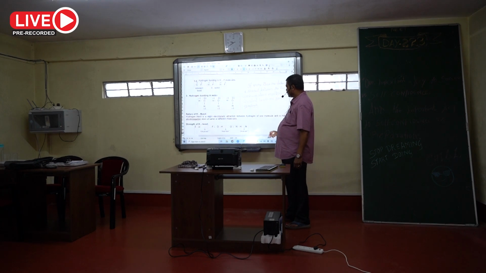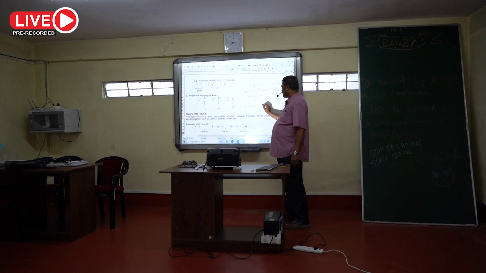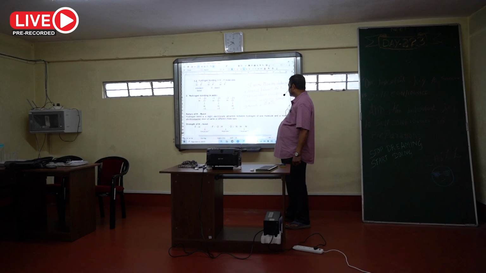So in the O2 molecule, we take each oxygen with the 2s2, 2p4 configuration. The oxygen atom has two unpaired electrons. Same with the other oxygen also.